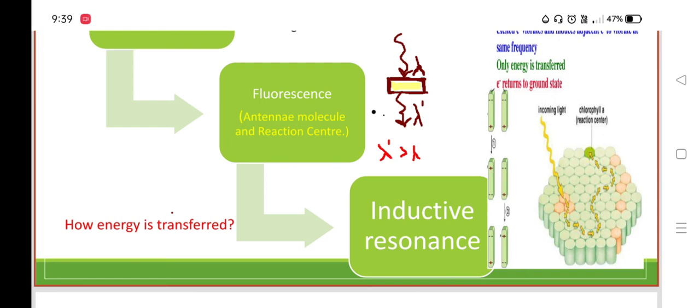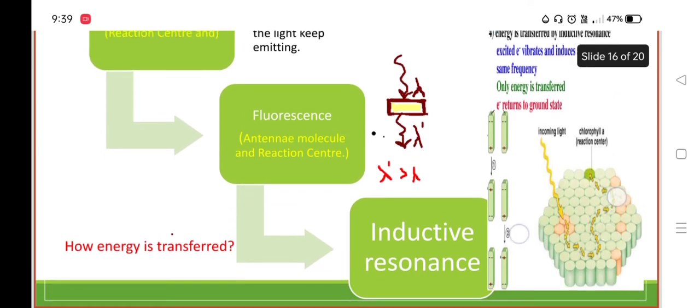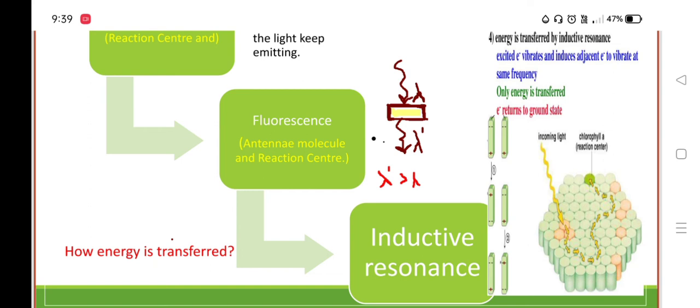Now the question arises: how is energy transferred from the antenna pigments to the reaction center, or from one antenna pigment to another antenna pigment? This process is called inductive resonance. So what happens in case of inductive resonance?